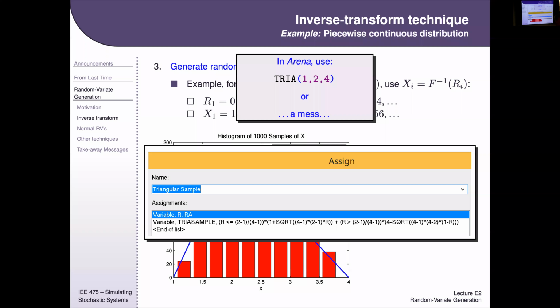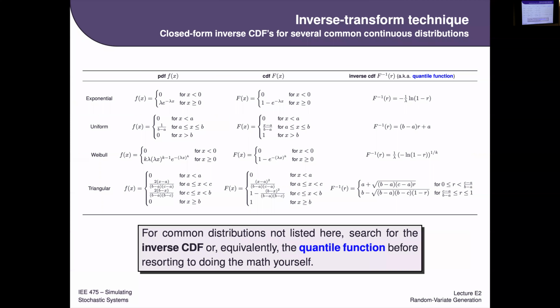So in theory, you could put these complicated piecewise expressions into ARENA. Fortunately, for the triangular distribution, it's already done for you. But if you had to put one of these piecewise expressions into ARENA, this is one way you could do it, by assigning a random number to a variable, and then, because it runs these things in order, assigning an expression of that variable to another variable, and that variable would be drawn every time you run the simulation according to the desired distribution. Okay.